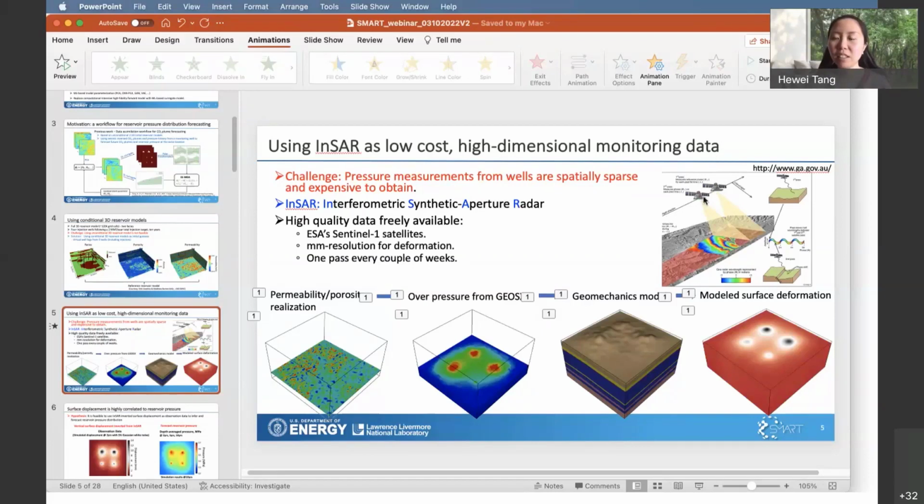And then a follow-up question, is InSAR being used routinely for gas storage monitoring? I think based on what Srikanta and us have discussed before, at least for carbon storage, it might not be used that frequently because it does have some restrictions. But I think he's asking about underground natural gas storage.